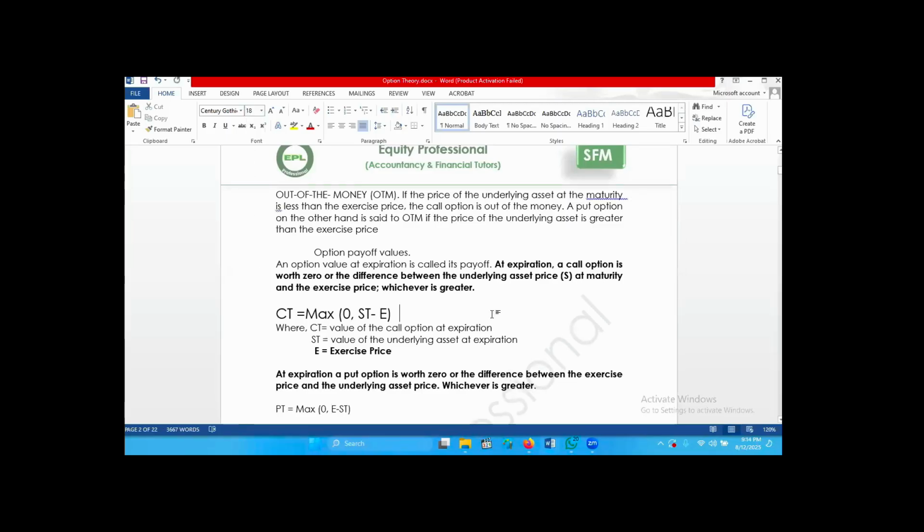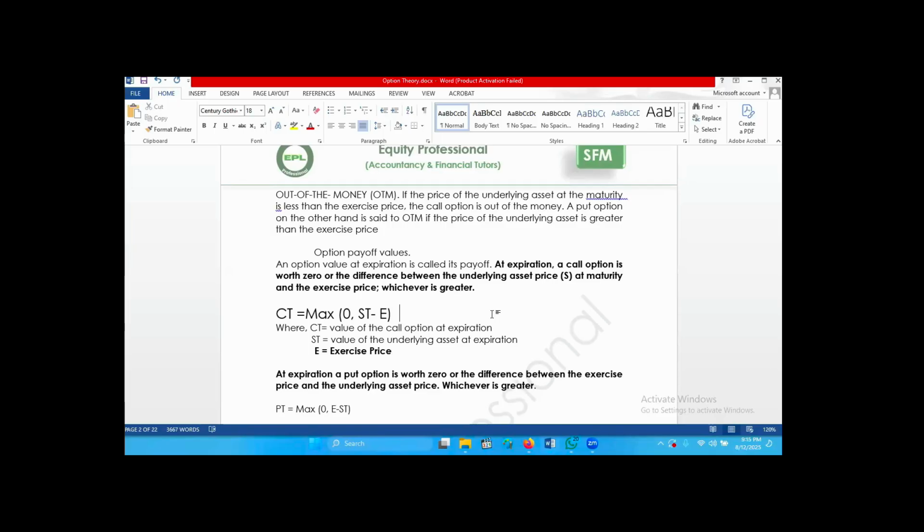Where CT, the value of the call option at maturity, is equal to max bracket 0, comma, ST. Your ST is the value of the asset at maturity.